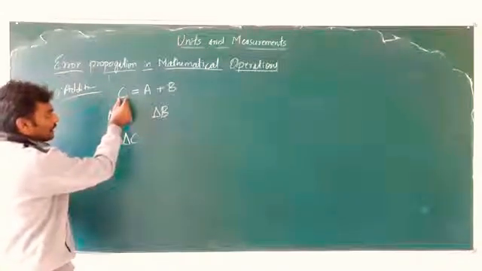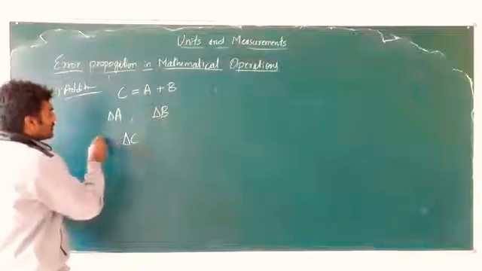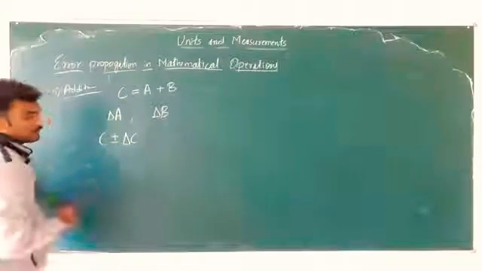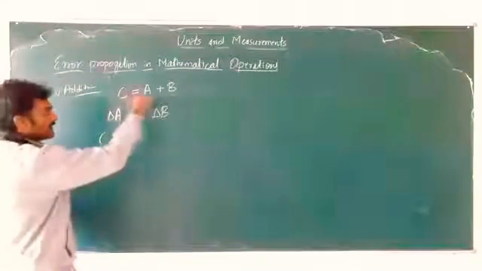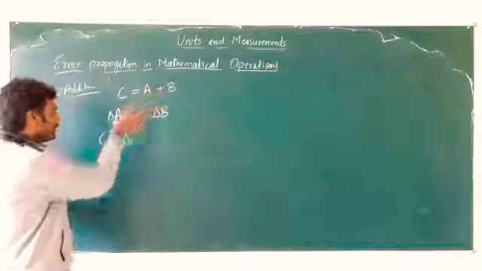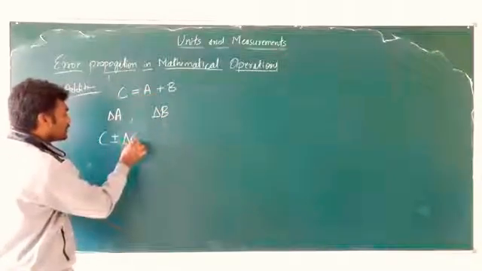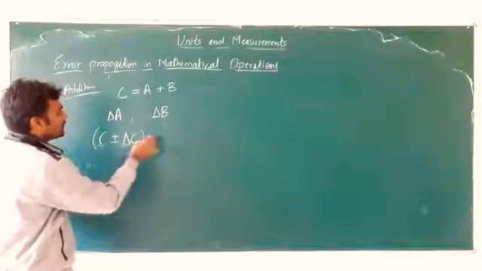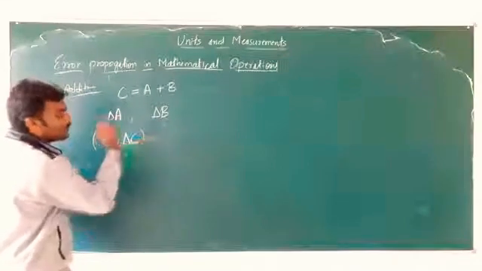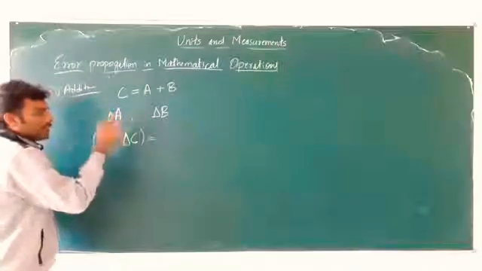I should always express C as C plus or minus delta C. This is the ideal or theoretical situation. This is what we get after actual measurement. C plus or minus delta C is the actual way of expressing after practical measurement.